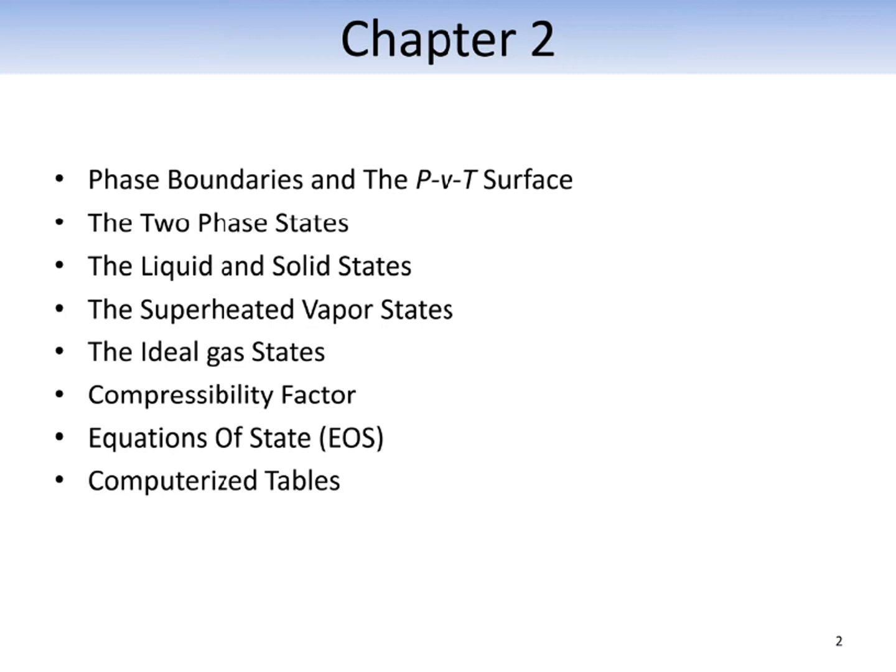That's why these gases exist around you in the form of superheated vapors. So all the gases are superheated vapors, but not all superheated vapors are ideal gases. Then we will be discussing compressibility factors, equations of state, and then how to look into the computerized thermodynamic tables.